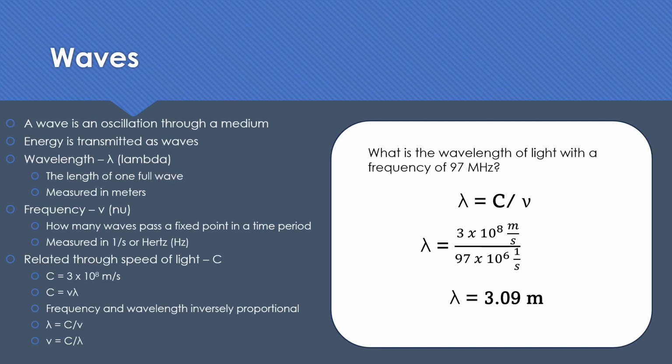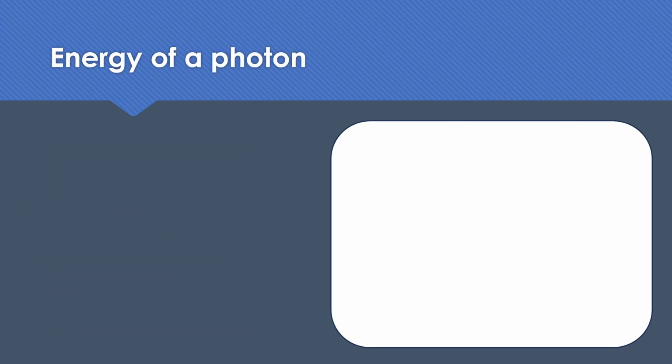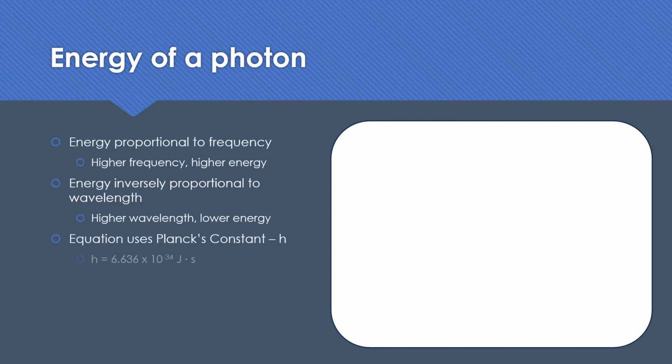So we can substitute that in. We substitute c over lambda in for nu, and we get E is equal to hc over lambda. So if we know the frequency, we can find the energy. If we know the wavelength, we can find the energy because h and c are constants. And then if we know the energy, we can find either the frequency or the wavelength.